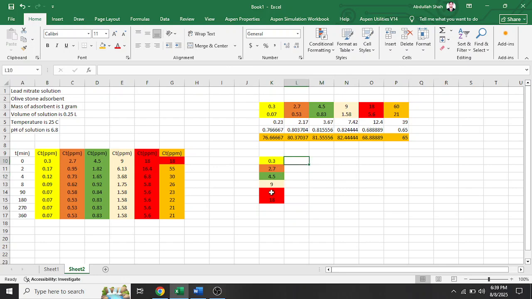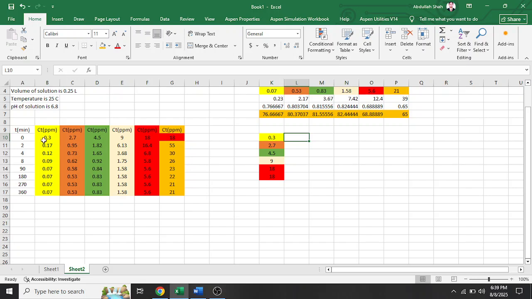Now here you can see how many points there are: 1, 2, 3, 4, 5, 6, 7, 8. 8 points. And this is the C naught. So suppose C naught for the first experiment is 0.3.